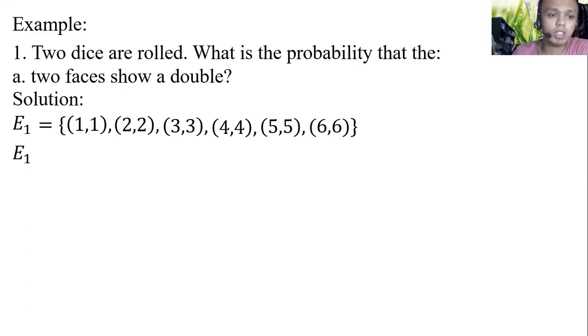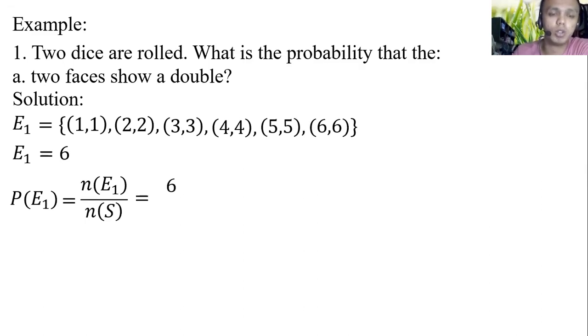So all in all we have 6 for the number of events. Now, what is the probability here? We have 6 for the number of events over the sample space. Since it is two dice, we have 36. So we have 6 over 36. Then get the lowest term, we have 1 over 6.